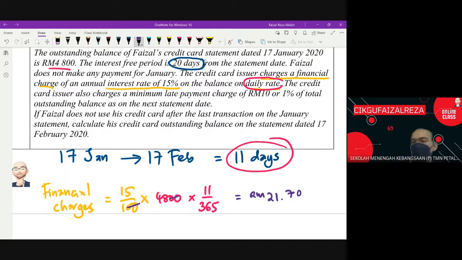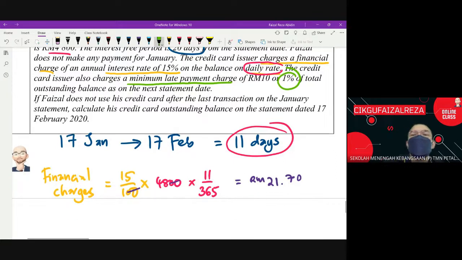Now we are going to look at our late payment charge also. The credit card also charges a minimum late payment charge. We are going to use 1%, because it is of course more than 10 ringgit.